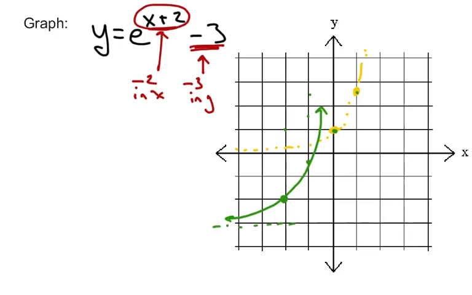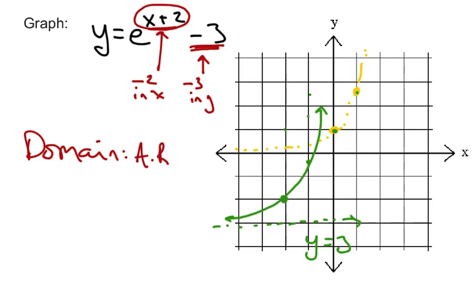We're going to have a horizontal asymptote that got shifted 3 units down to y equals negative 3. So now we can identify the domain and range. Once again, just like all of our exponential growth functions, our domain is all real numbers. And our range, well, since our graph stays above this line, y equals negative 3, it's going to be y is greater than negative 3.